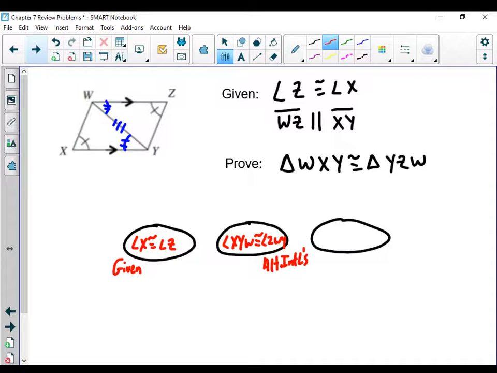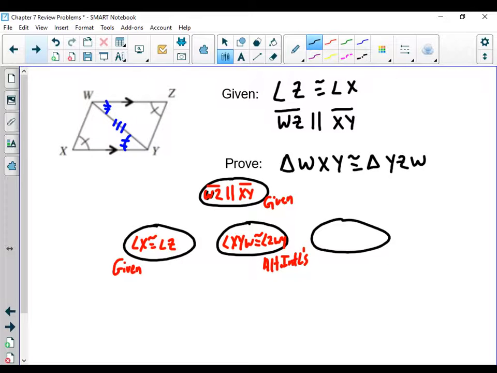Now, as I'm writing that, I might say, no, wait a second. Alternate interior angles are not always equal. I had to know that I had parallel lines to make that statement. So the parallel line statement was needed in order to make that alternate interior angle statement. So I've got to add a bubble up here with the fact that WZ was parallel to XY, which was given.